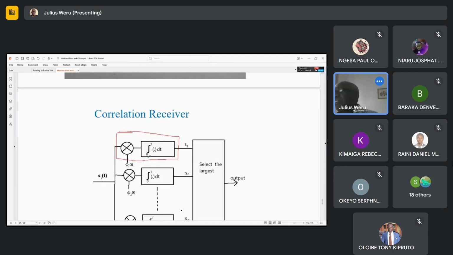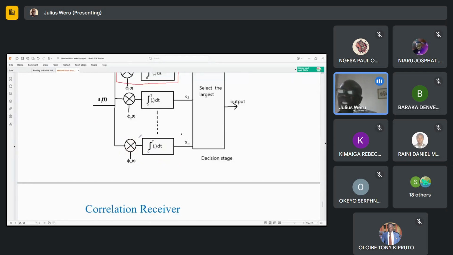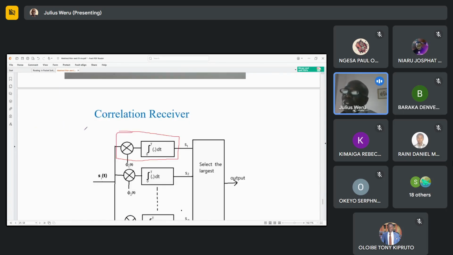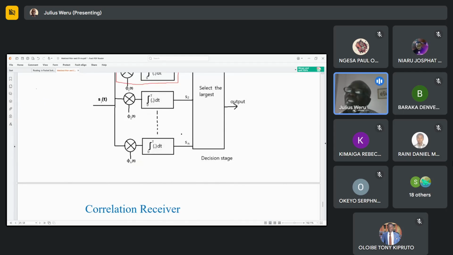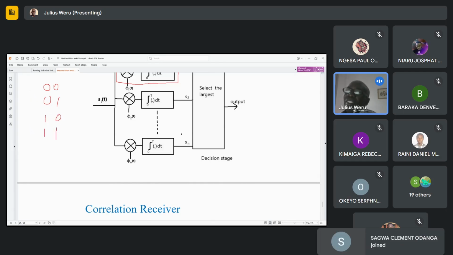And I said again, this will depend: you have as many correlators as the number of different symbols you have representing your different signals. What we are saying here is this s_i(t) would have been, maybe you have 0 0, 0 1, 1 0, 1 1.